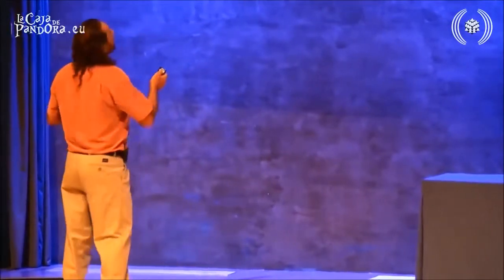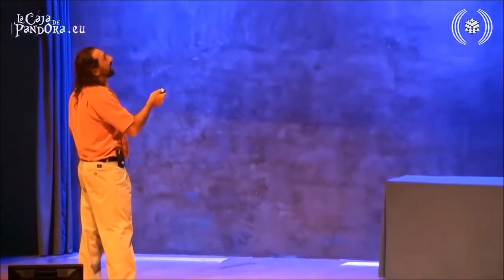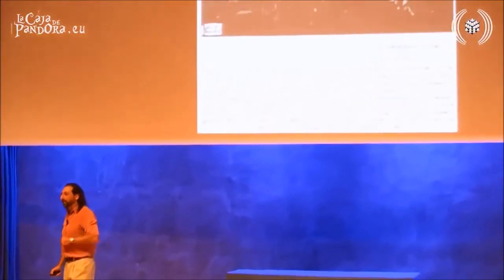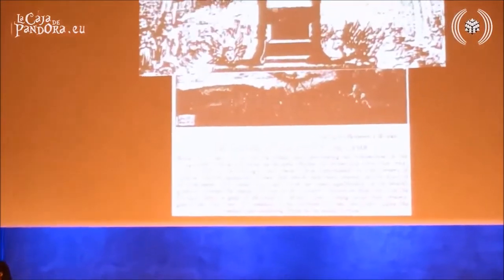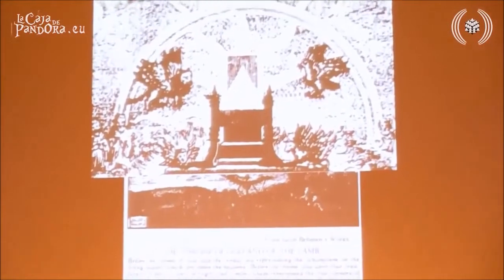It shows a tetrahedron sitting on a throne as the representation of God. And then it describes God as the crystal sea.